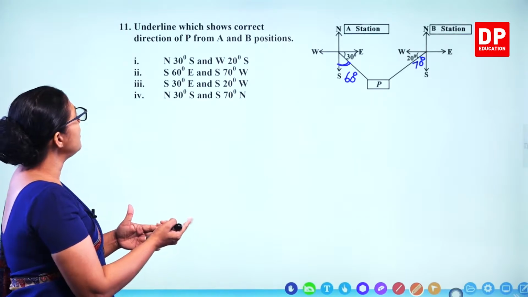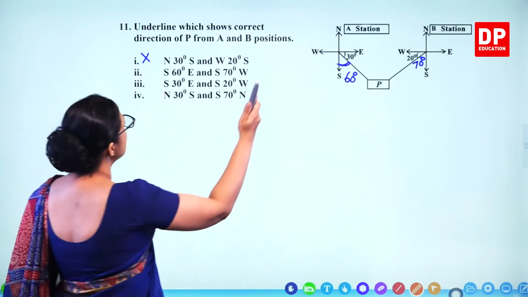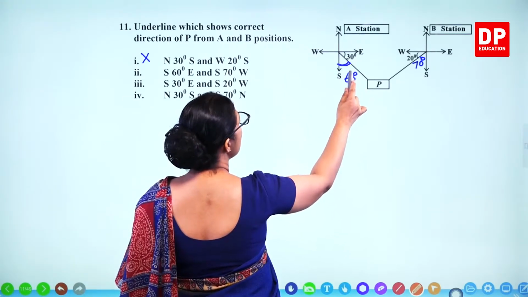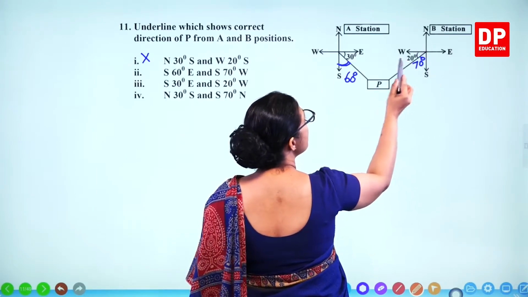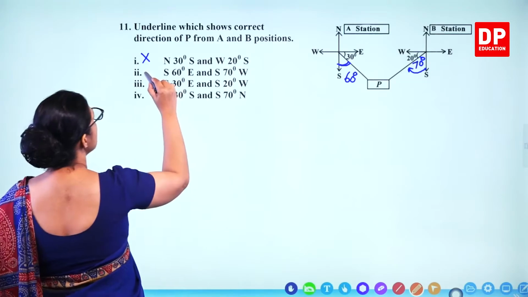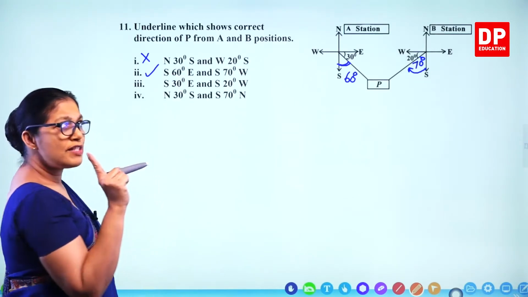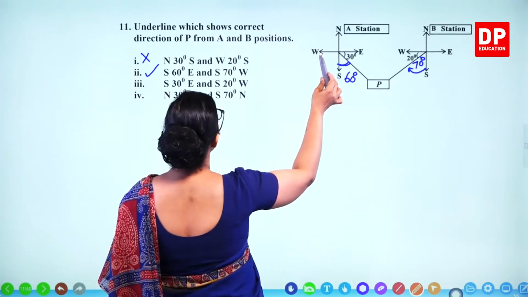So the first one is wrong. South 60 degrees east. So that's correct. And what about this one? South 70 degrees west. That's also correct. So the second one is correct. Third one we'll just read and see. South 30 east.